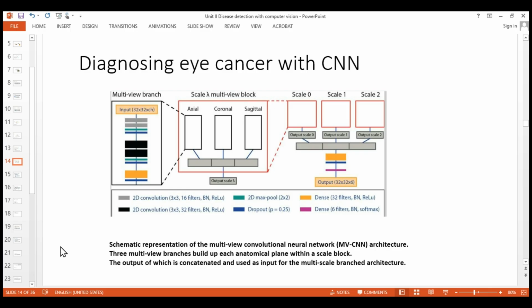So this is the schematic representation of a multi-view convolution neural network architecture. Three multi-view branches are built up, each anatomical plane within a scale block, the output of which is concatenated and used as input for a multi-scale branched architecture.